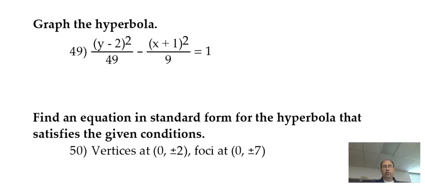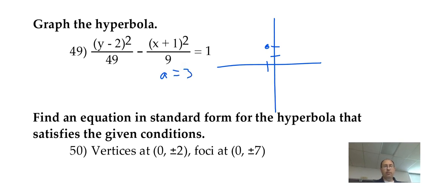Graph the hyperbola. Okay. So let's see here. -1, +2. We've got an A value of 3, so that means left and right 3. And then a B value of 7, so I go up 7. 1, 2, 3, 4. Up here.